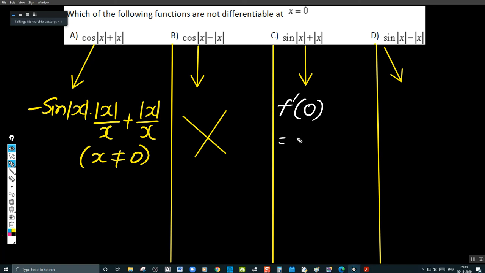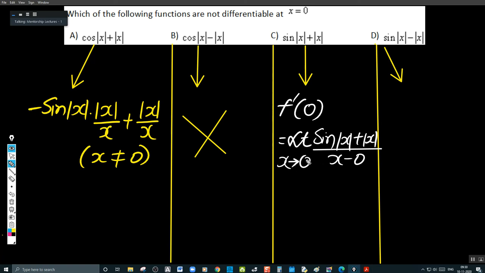So f dash of 0 is equal to limit of [f of x, that is sine mod x plus mod x, at 0 that becomes 0 anyway], whole divided by x minus 0 as x tends to 0.